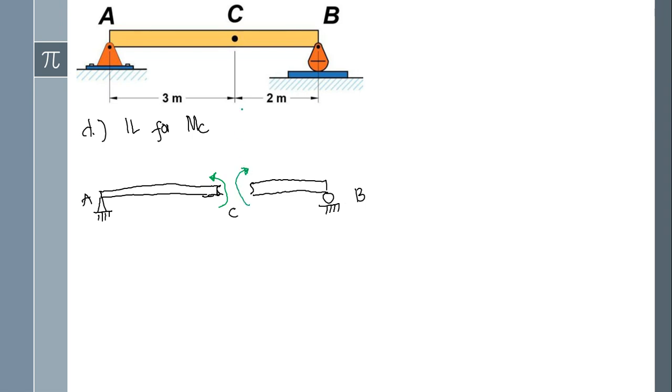Pag naa sa left segment, counterclockwise ang direction sa moment nga ma-expose. And then didto sa right segment, ang convention for moment is clockwise. So naay moment nga ma-expose.